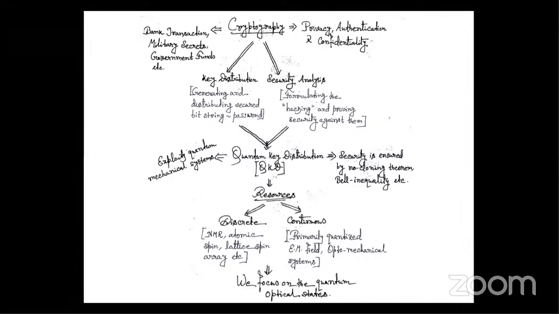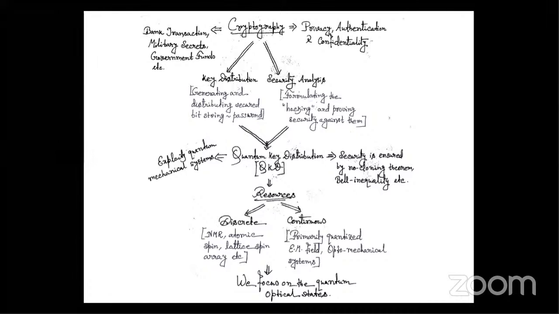And then one can ask, okay, that's fine, it sounds well. Which kind of quantum resources can we use for key distribution? Primarily, they are divided into two categories. One is called discrete systems, another is called continuous systems. Whether it is discrete or continuous depends on the spectrum of the observable you choose. In the case of discrete, it's NMR or atomic spin, two possible outcomes, or if you go to angular momentum, then N outcomes, but still they're discrete, not continuous.